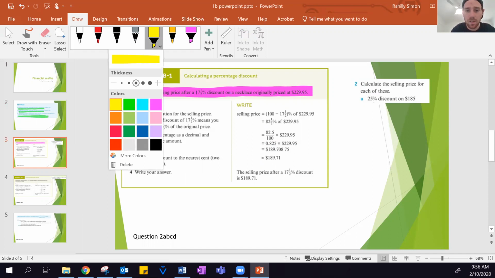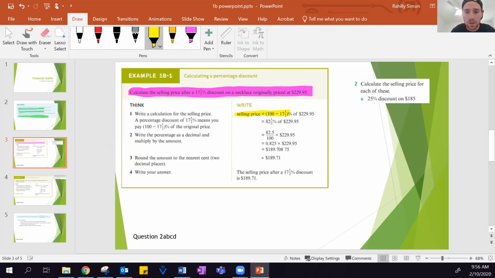So the selling price is 100, take away the discount, and then converting that to a percentage, and that gives you the amount. So you've got 82.5% because 100% take away your discount of 17.5 leaves you with 82.5% of 229. You need to convert that to a decimal, which is what they've done here.